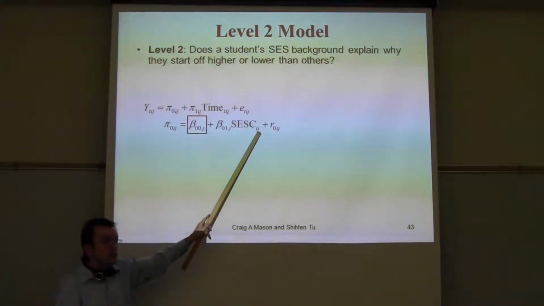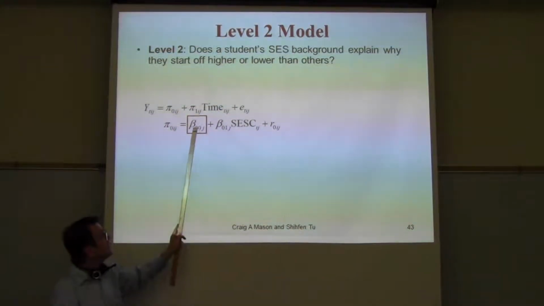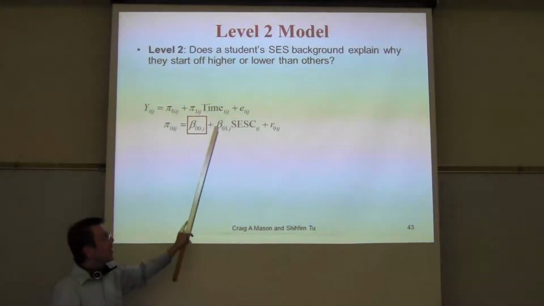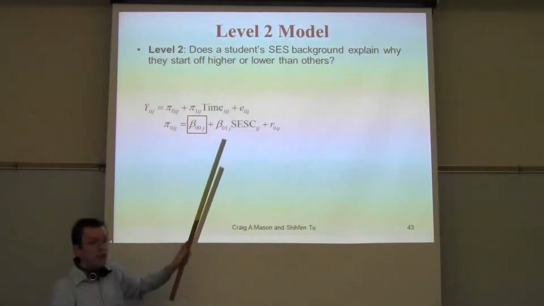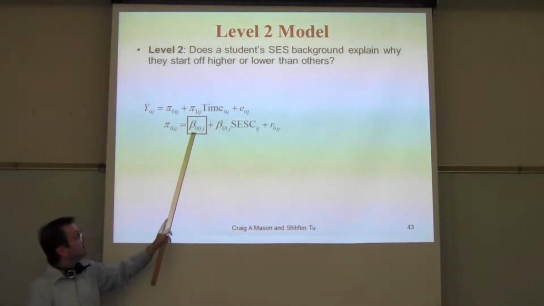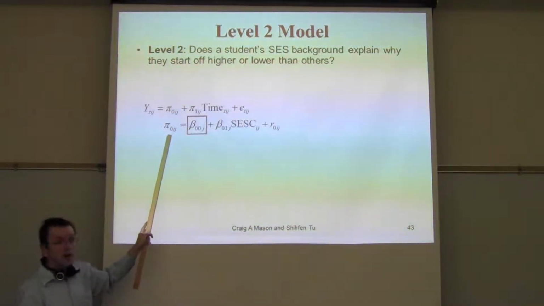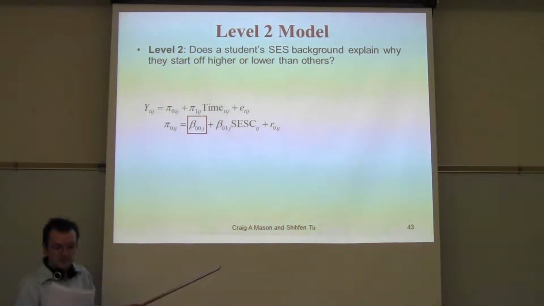Well, because we centered it, it's the average. So this is the predicted outcome for a child at the average SES. So at the average SES, beta 00J is that predicted pi 0 ij at the average SES.